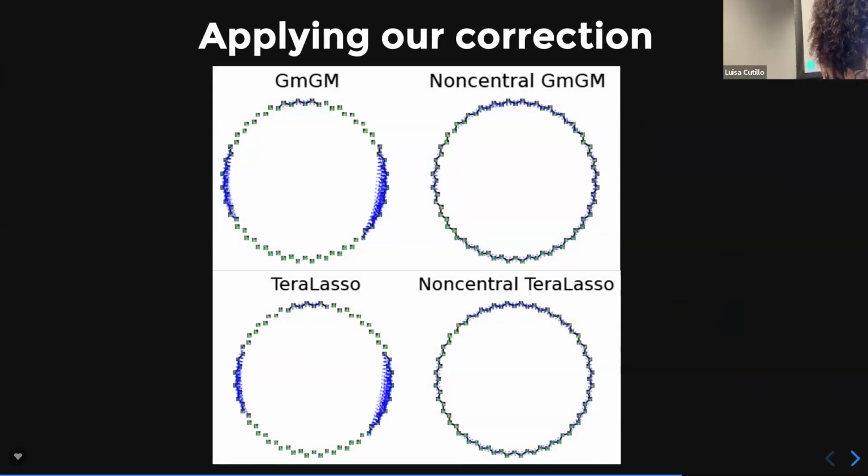And there is also a not-tidy estimation, so there are connections where there should not be any. But when you correct with our non-central approach, both with GMGM or using our methodology as a wrapper, we get a better estimation. You can see it visually.